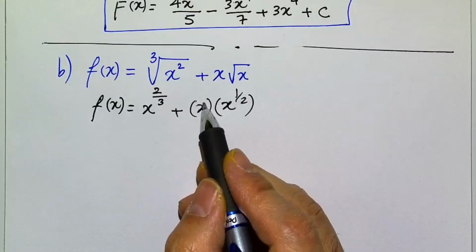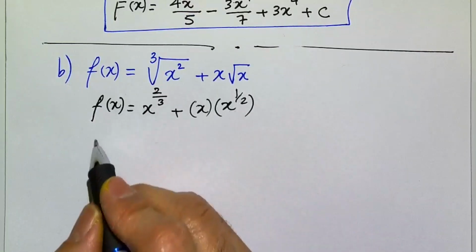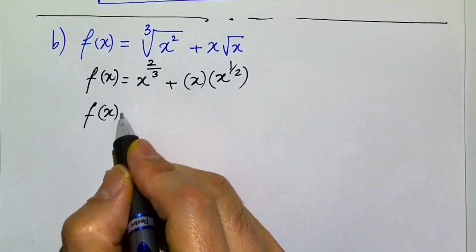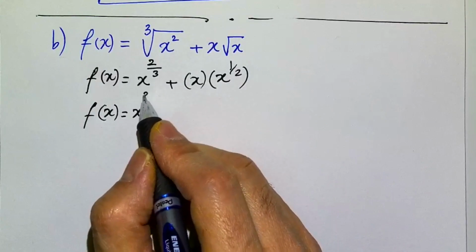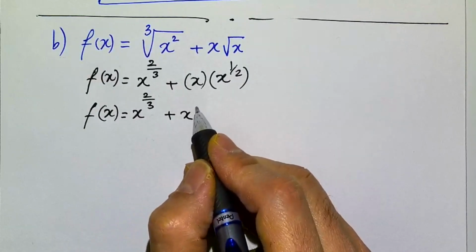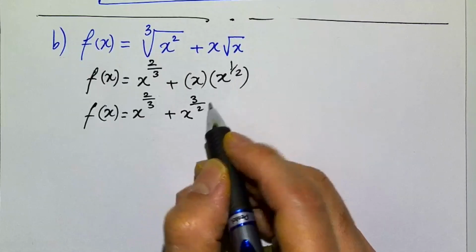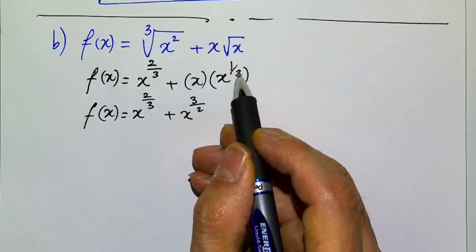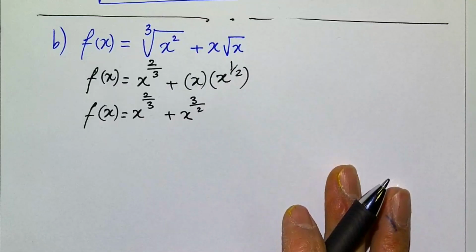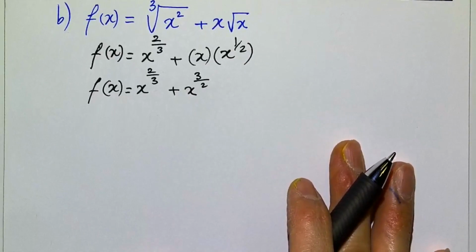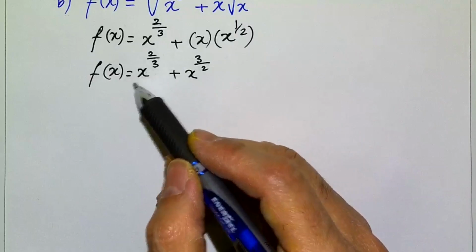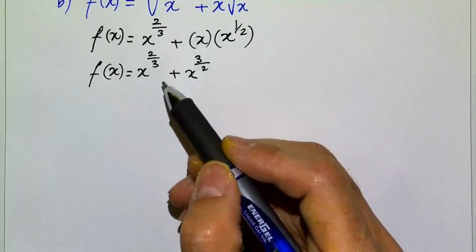So we got 1/2 plus 1 is 3/2. Let's take it step by step, just to make sure that we don't end up making any errors. So that plus x to the 3/2, right? 1, which is the power of x, plus 1/2, we get 3/2. Now it's easy to find the antiderivative, because all we have to do is add 1 to this and divide that term by the new power.